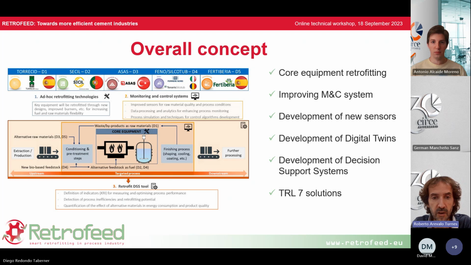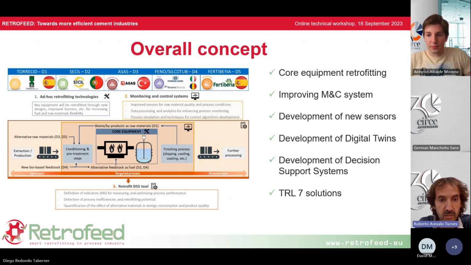And all these models are going to be included in what you see below, the DSS tool, the decision support system, that apart from the models for the core equipment and the other processes, also includes the definition of key indicators.